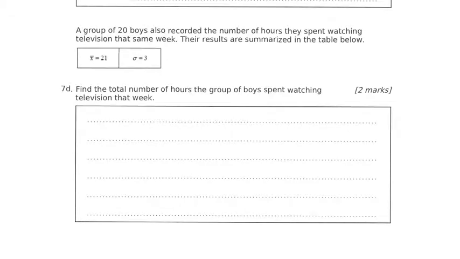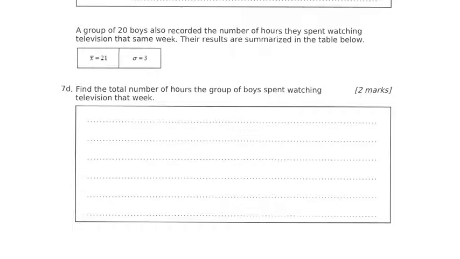You are then told a group of 20 boys also recorded the number of hours they spent watching television that same week. Their results are summarised in the table below. The mean number of hours, x bar, is 21 and the standard deviation is 3. Find the total number of hours the boys spent watching television this week.